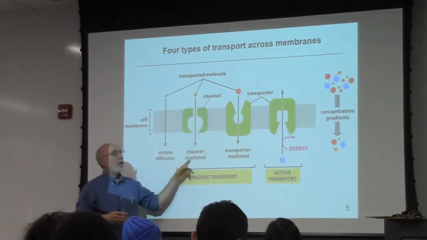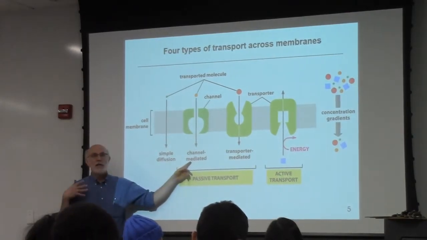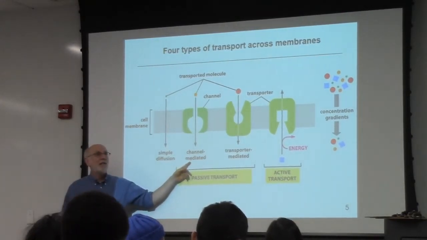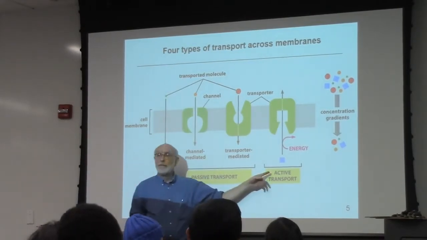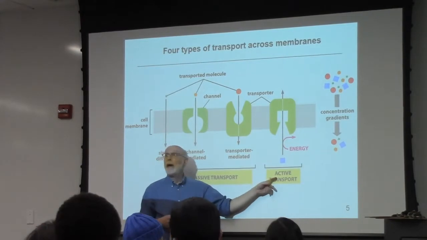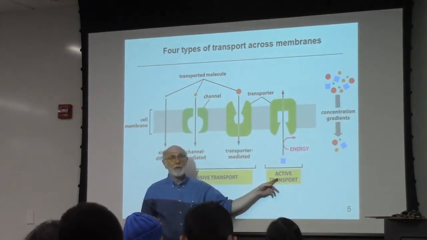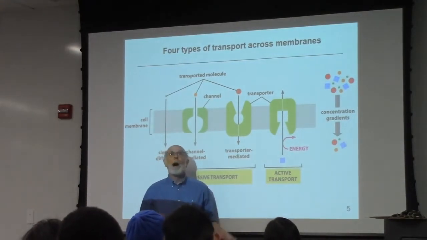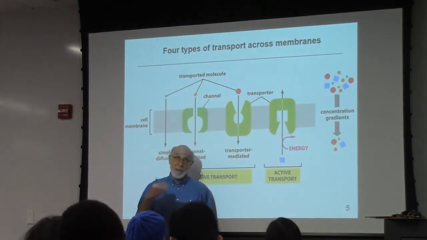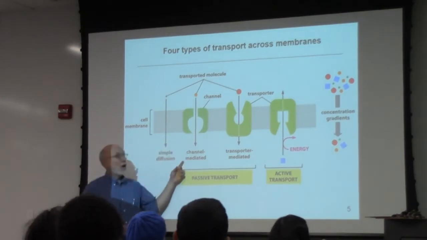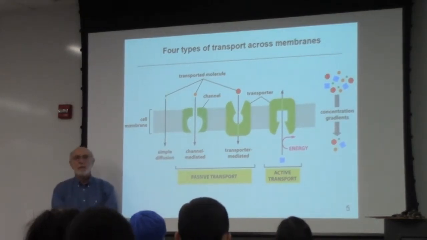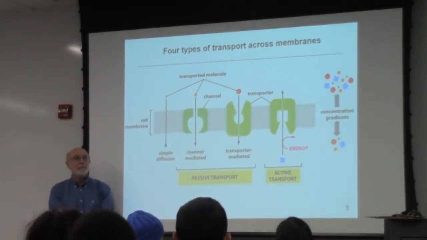The ions that flow through a channel are just flowing down their concentration gradient. The ions that really are pumped by an active transporter are being pumped up their concentration gradient, making or maintaining that concentration gradient. And the channels are using that for some other purpose, usually for electrical signaling.